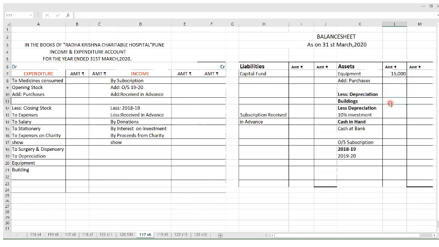After that, next buildings opening stock is 40,000. Then next capital fund, it will transfer to the balance sheet liability side, 1,70,940 in the inner column. Then next 10% investment, it will appear on the balance sheet asset side, 1 lakh.